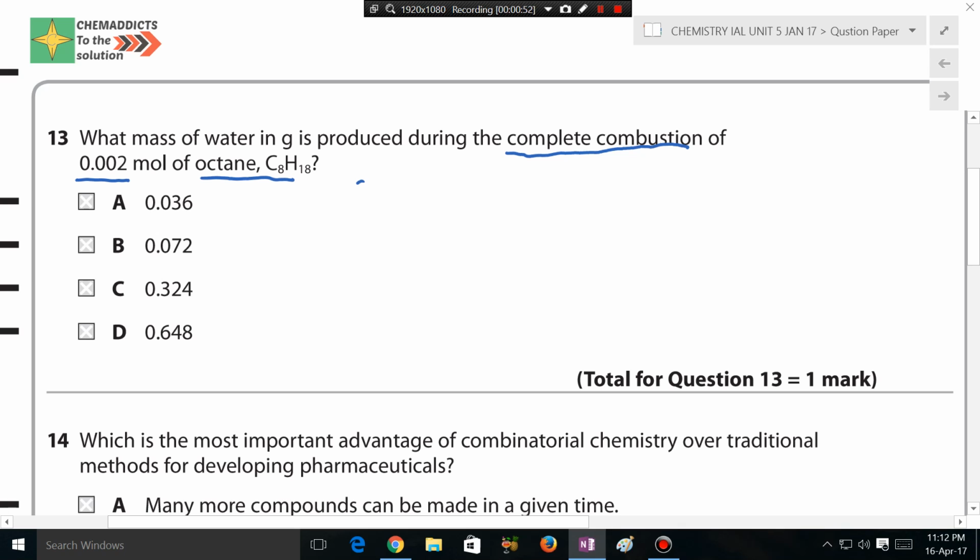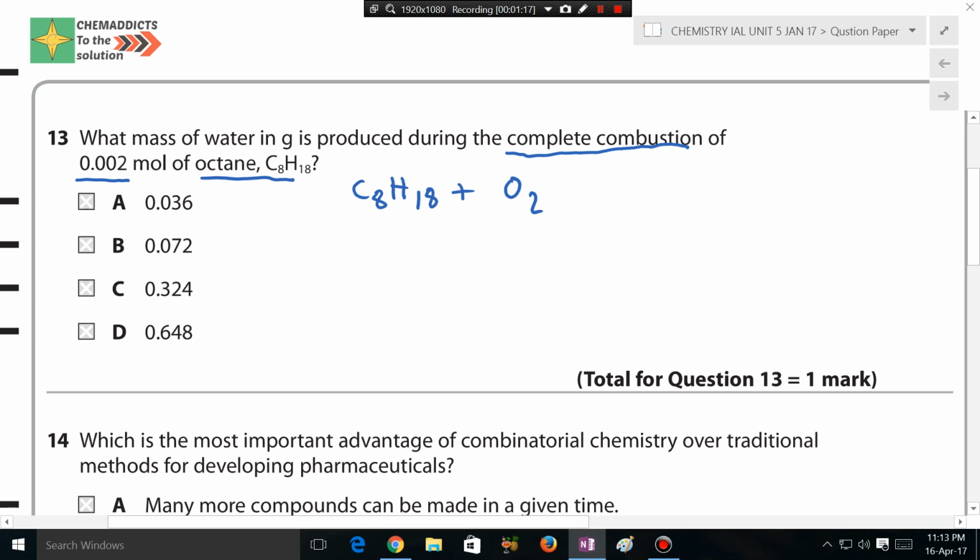If we react octane, which is C8H18, with oxygen, complete combustion means we are reacting octane with oxygen.